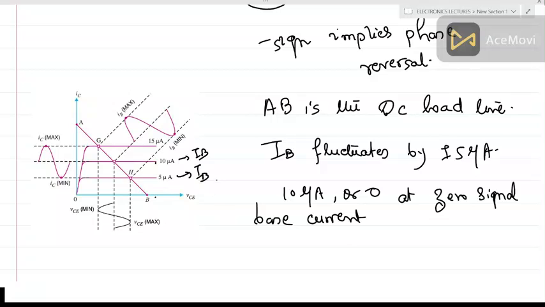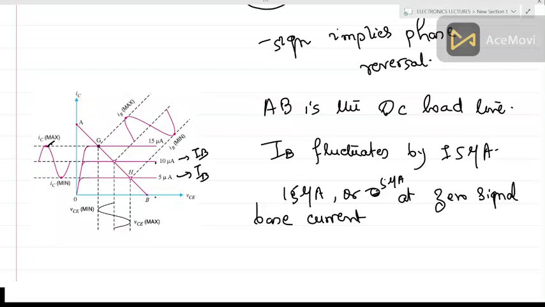Suppose this is the 10 microampere base current and it fluctuates by plus minus 5 microampere. Sorry, it is 5 microampere.